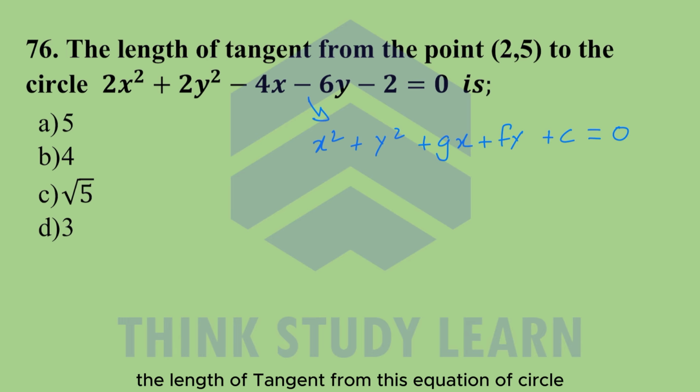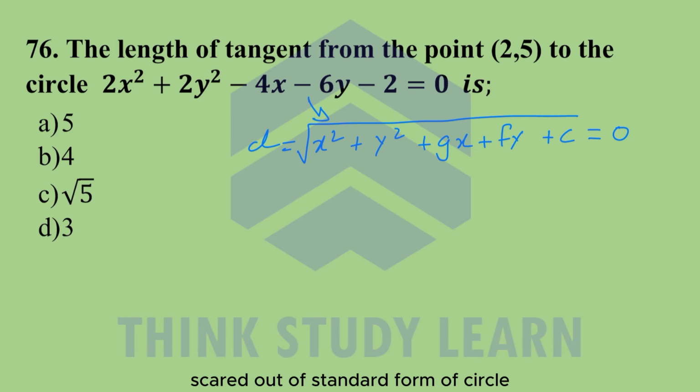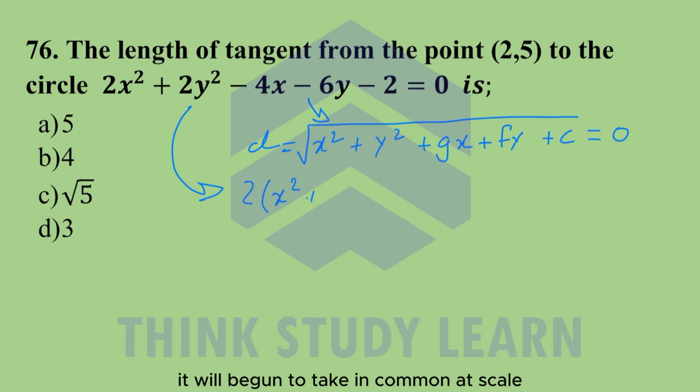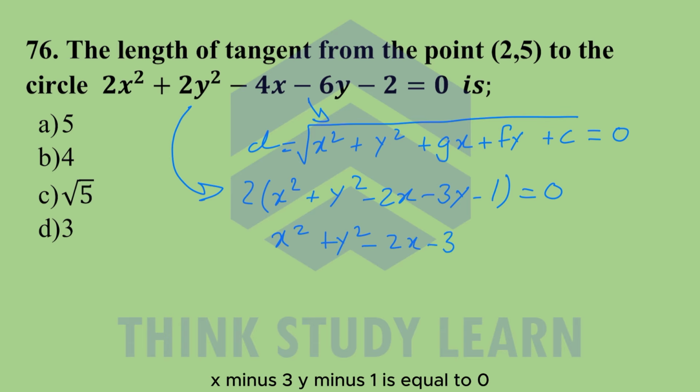Then the length of tangent from this equation of circle is simply the square root of the standard form of circle. So rewriting this equation into the standard form, it will become, 2 taking common, x square plus y square minus 2x minus 3y minus 1 is equal to 0. Then the standard form will be x square plus y square minus 2x minus 3y minus 1 is equal to 0.